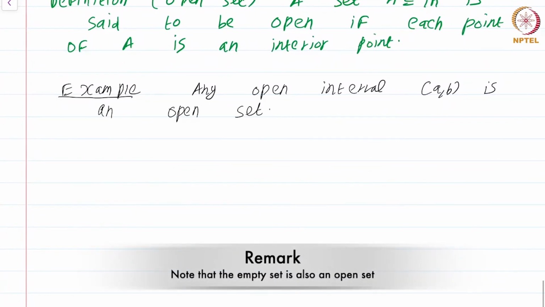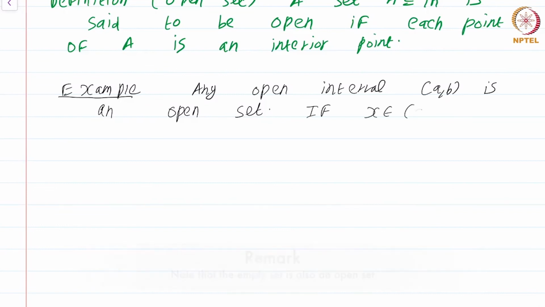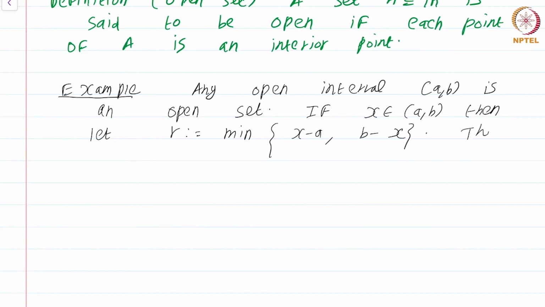Well, how do you show this? Well, it's rather easy. If X is in (A,B), then let R by definition be the minimum of X minus A comma B minus X. Okay. Then B(X,R) is a subset of (A,B).